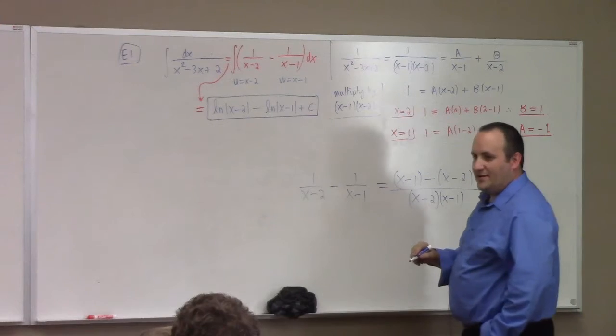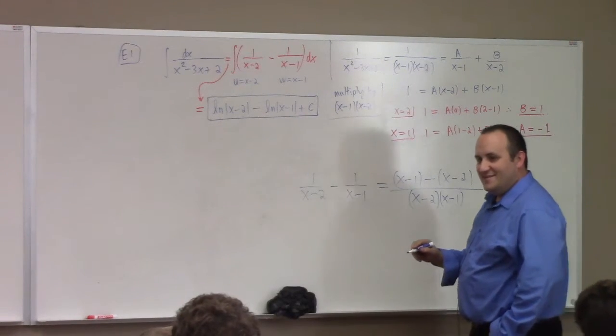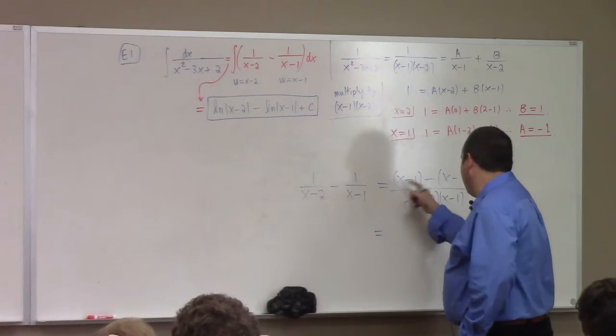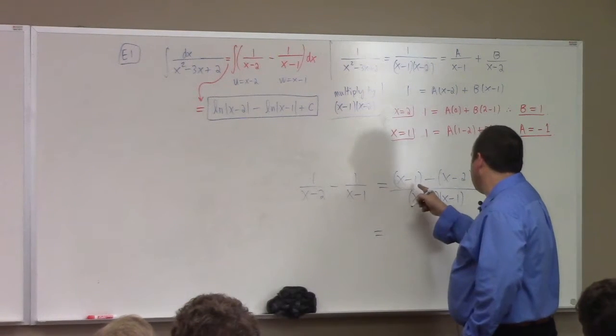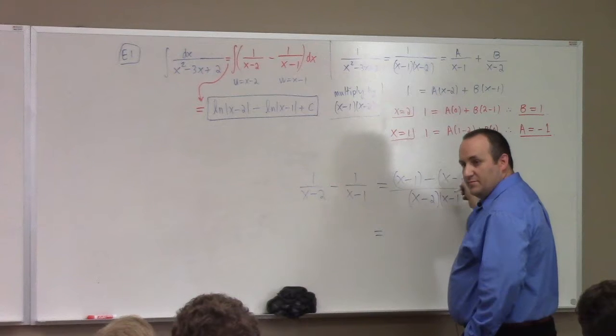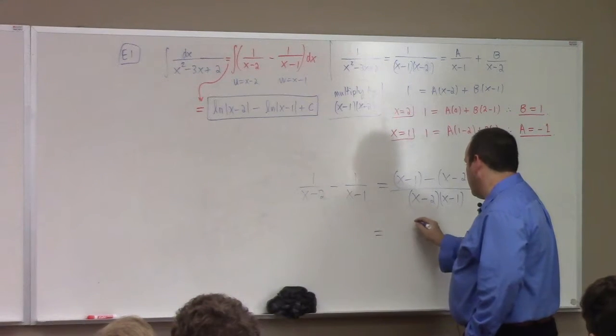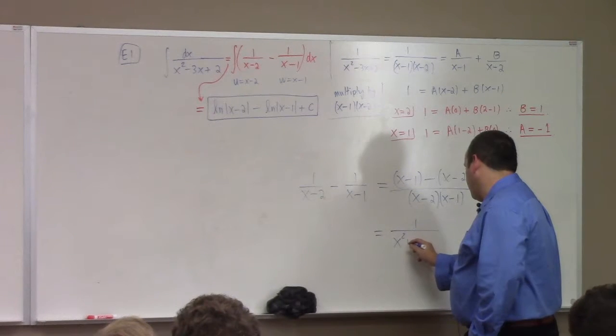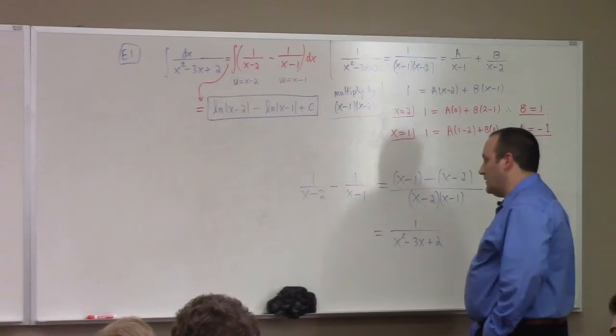Common denominatoring, if we're allowed to say that or not. So the x's cancel, and what you got? You got minus 1 minus minus 2, otherwise known as 1. And downstairs, we got our x squared minus 3x plus 2, what do you know?